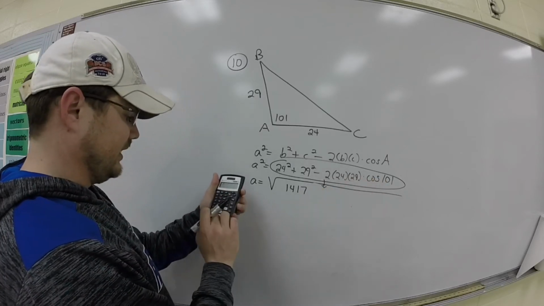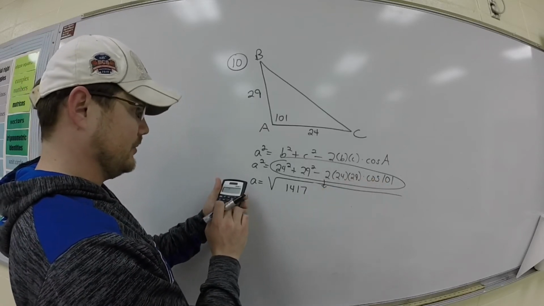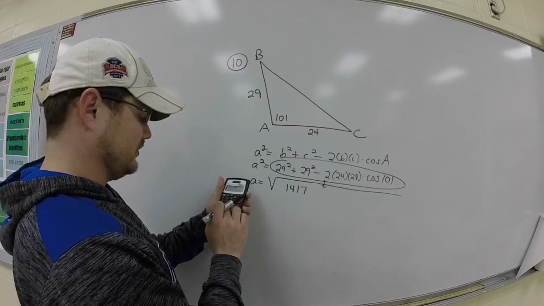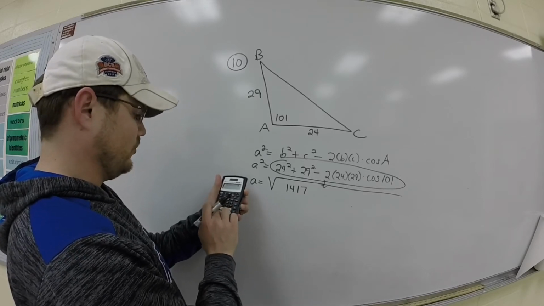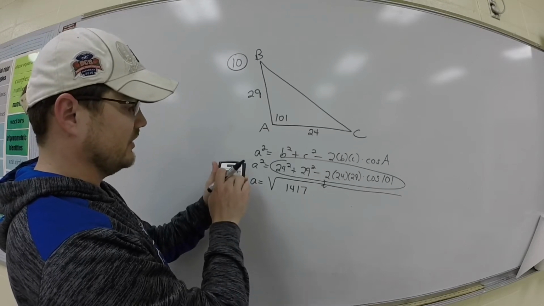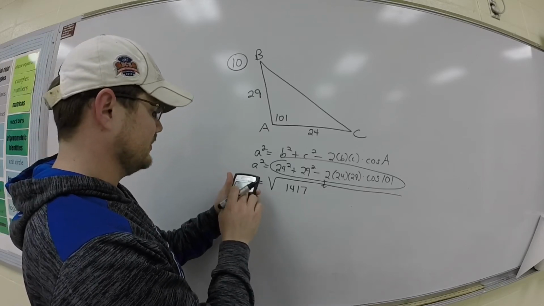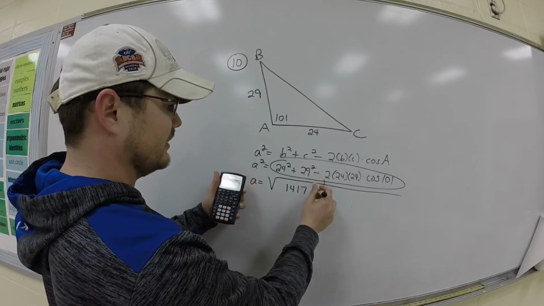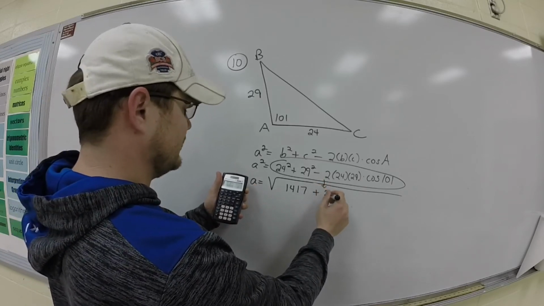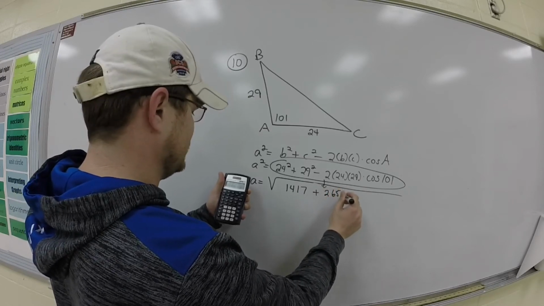So let's do that. Negative 2 times 24 times 29 times cosine 101. Make sure your calculator's in degrees when you're doing this, or it'll throw off the numbers. Equals. Alright, so that's a positive 265.61.